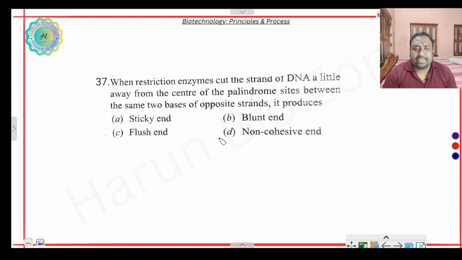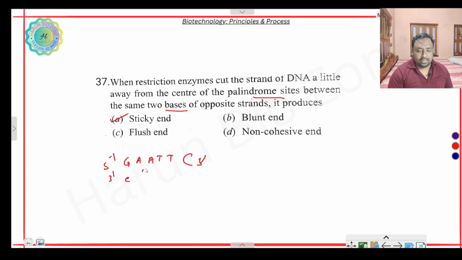When restriction enzymes cut the strand of DNA a little away from the center, if the palindromic site has the same two bases in opposition, it produces a sticky end. Suppose GAATTC, 5 prime to 3 prime, and CTTAAG.